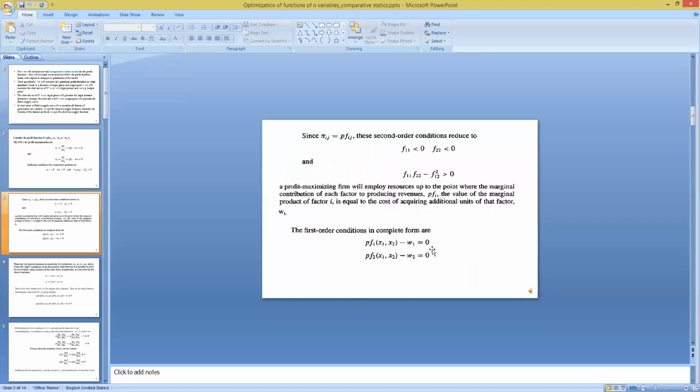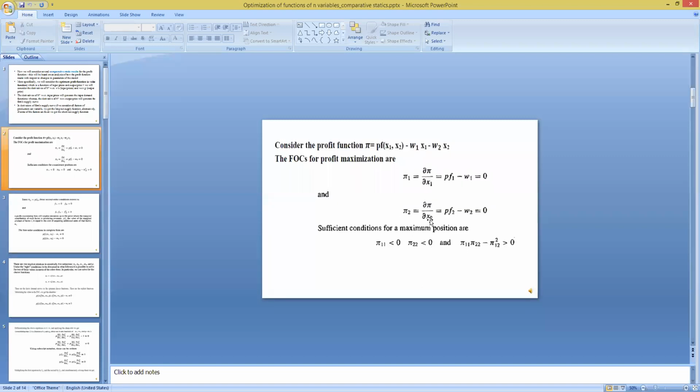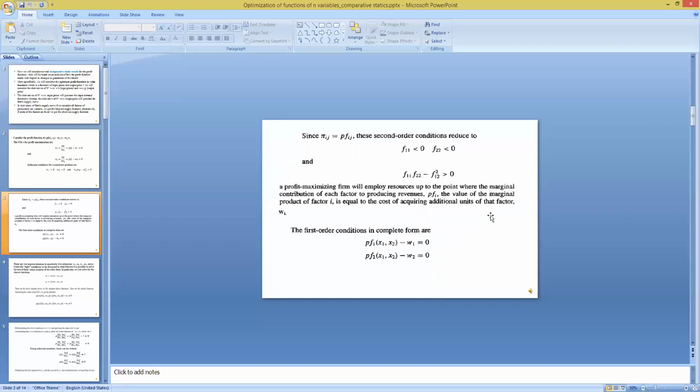Similarly, del pi by del x2, that was P F2 minus W2 is equal to 0. In the general formulation we are using the same expression. Just putting more information, F1 and F2, these two first order derivatives, are functions of inputs x1 and x2, or the function of inputs L and K.